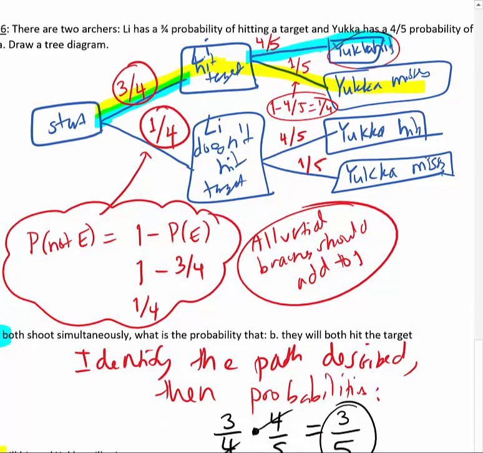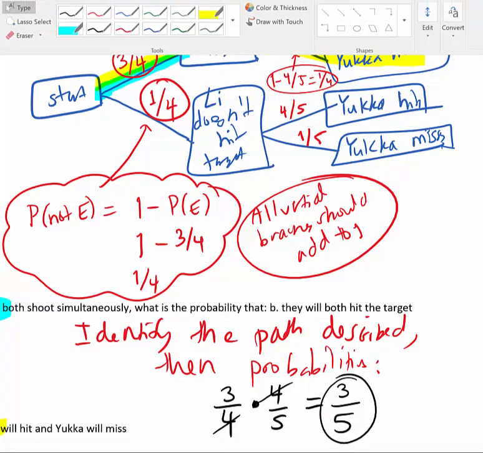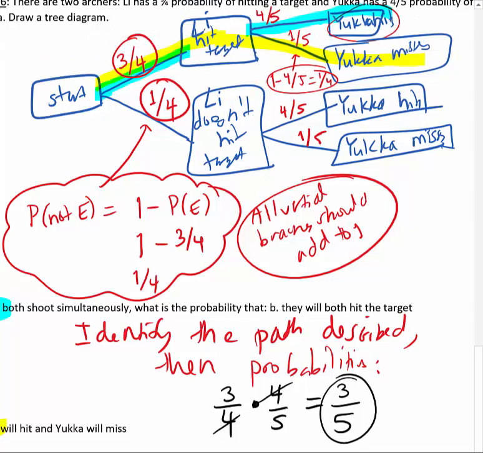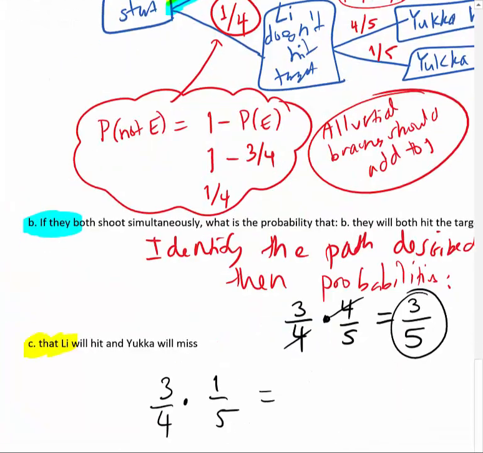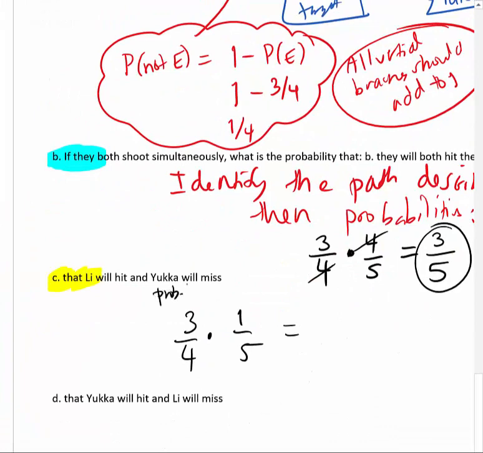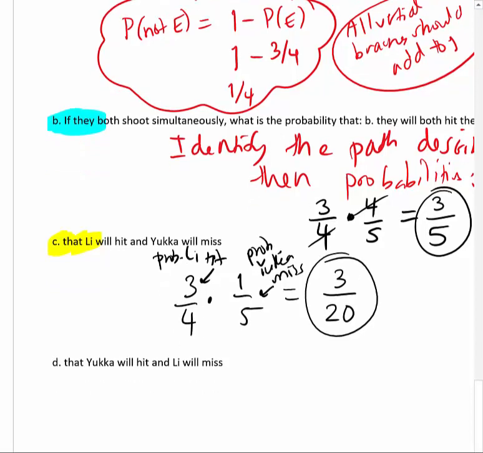So we're going to look at the 3/4 and the 1/5. 3/4 is the probability Lee hit, and 1/5 is the probability Yuka misses. You're not going to be able to reduce that, so you might as well multiply across. Let's see, a lot smaller probability, huh?